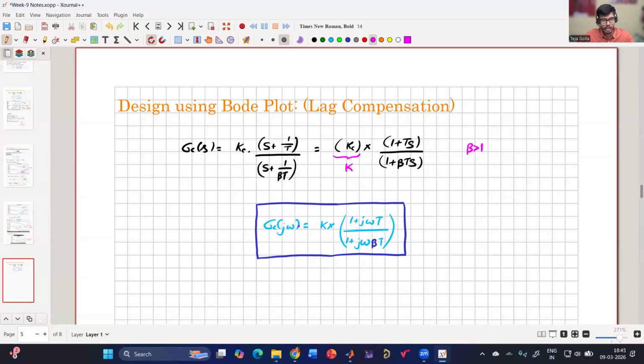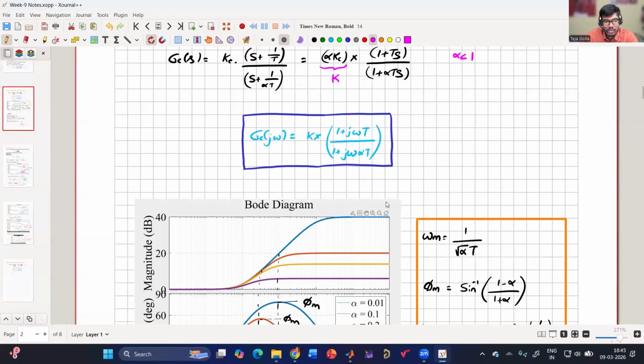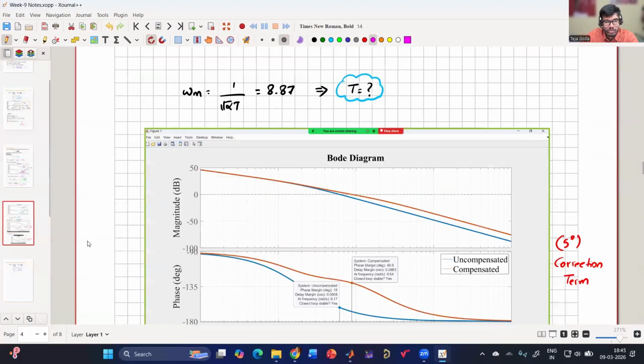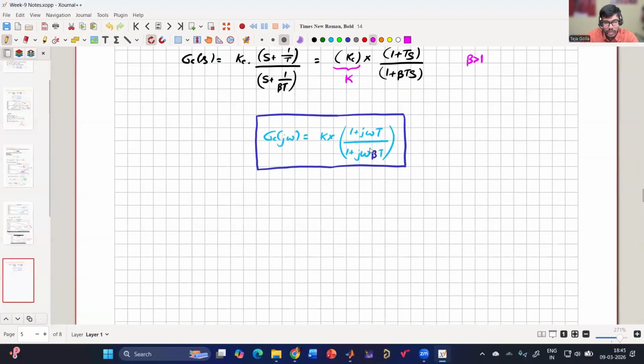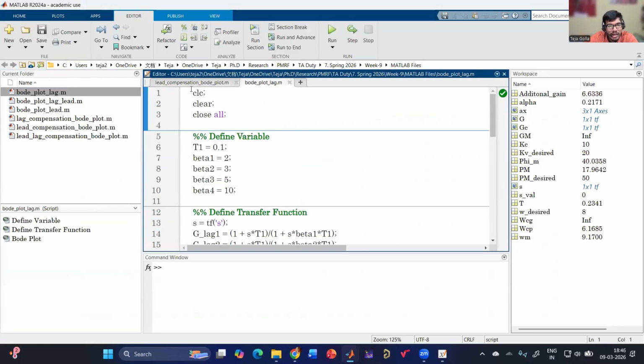In the same way, how we have done for the lead compensation, first let us see the effect of beta on the Bode diagram. So I have a Bode plot of lag. What I have done is first I'm clearing the workspace and command window as well as closing all the plots. Then I have assumed T1 to be 0.1.